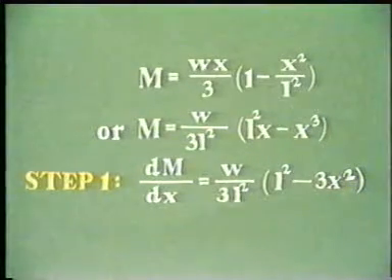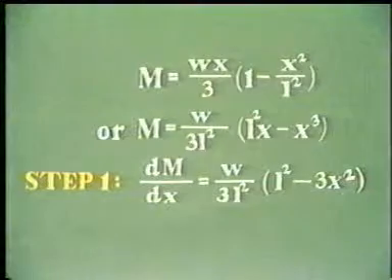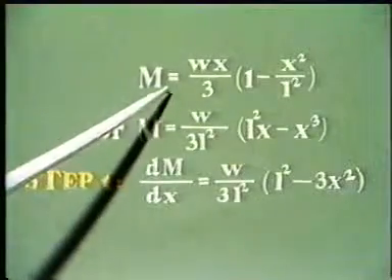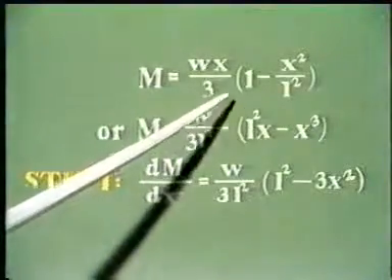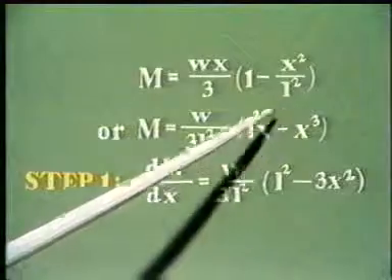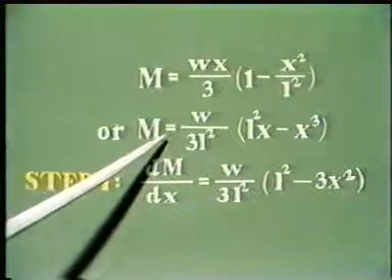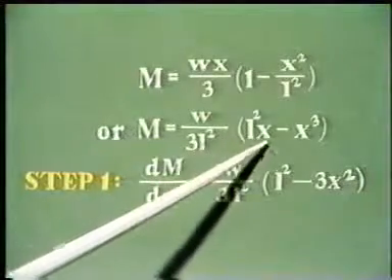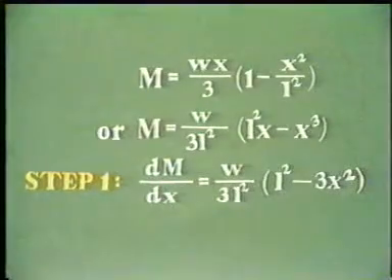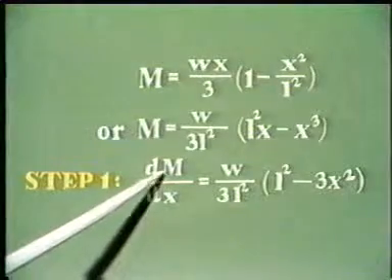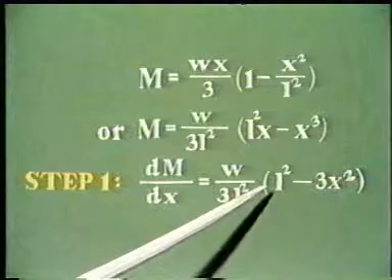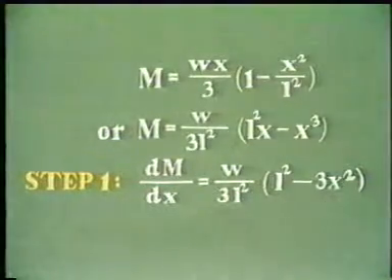Now, after learning the method, let us solve example 1, already stated and solved graphically. Bending moment M is equal to Wx by 3, into 1 minus x square by l square, or M is equal to W by 3l square into l square x minus x cube. Step 1. dM by dx is equal to W over 3l square into l square minus 3x square.